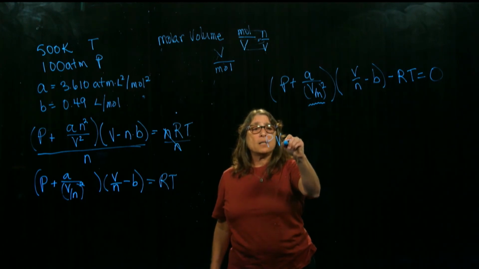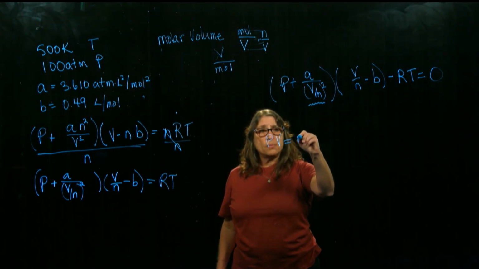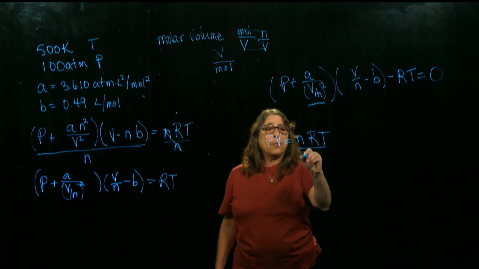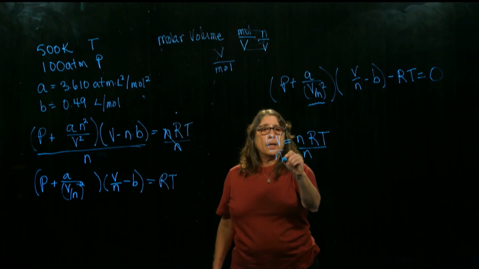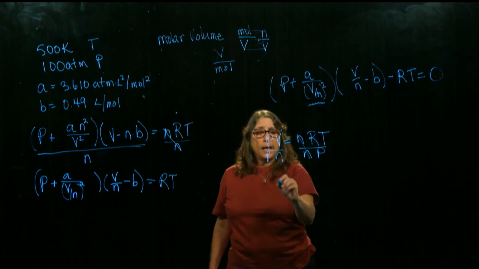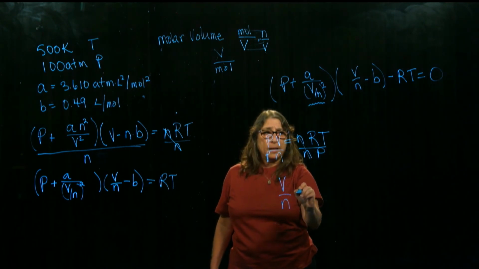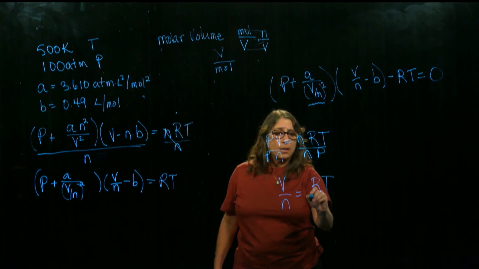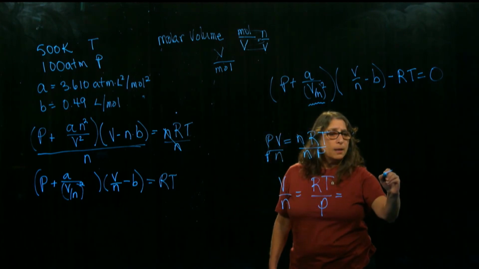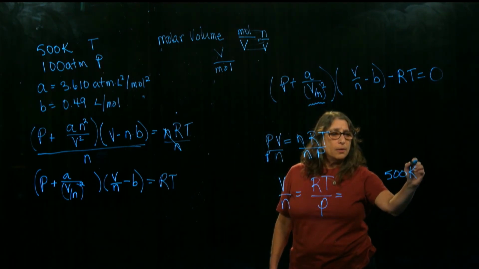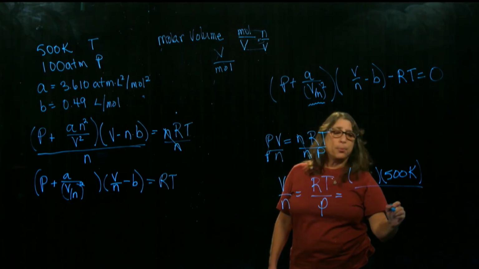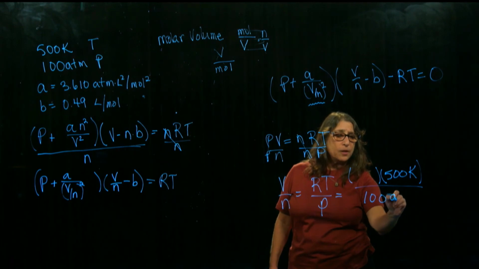So my ideal gas equation is pressure times volume is the number of moles times R times T. I want V divided by N. And I want to get rid of the P, so I'll divide P by both sides, and I'm going to get V divided by N is equal to RT over P. And so I can substitute in my 500 Kelvin, and my R value, and my pressure is 100 atmospheres.